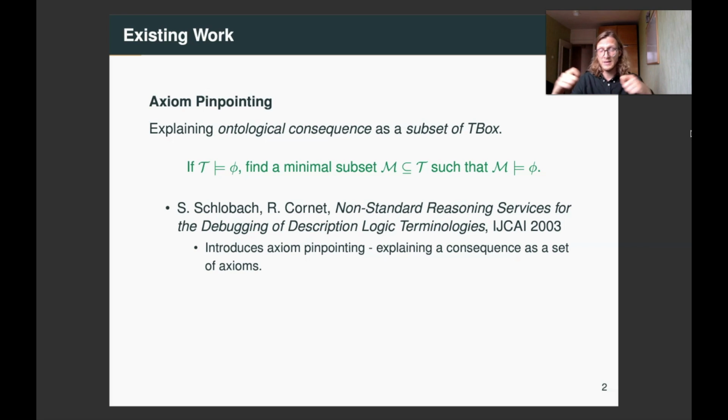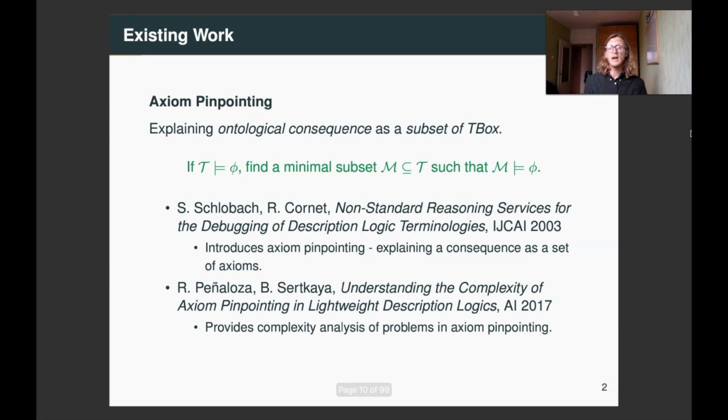In this situation, we are looking for a minimal subset of the T-box that still supports the entailment of that axiom. This came about in 2000, and later the complexity of the problems related to axiom pinpointing was analyzed. And our work in many ways was inspired by this second work and the complexity analysis provided there.